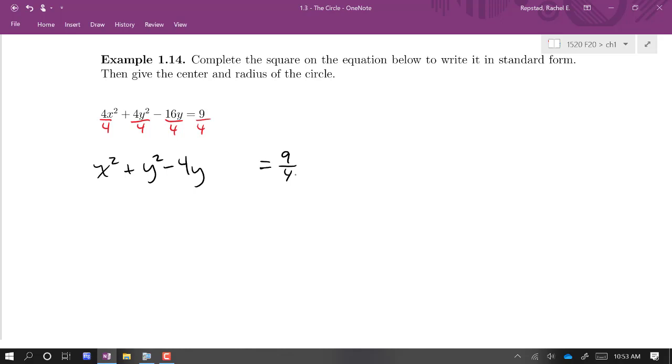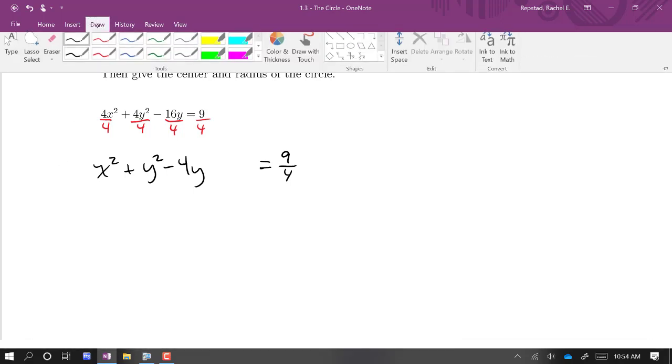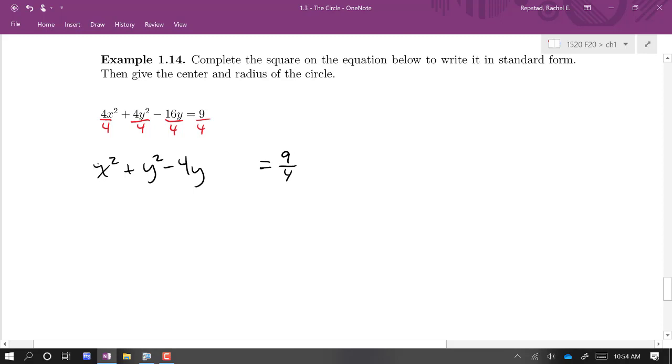If you want, you could think of x squared as x minus 0 squared. So we need only complete the square on y.